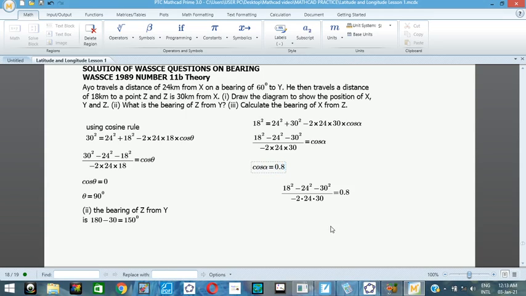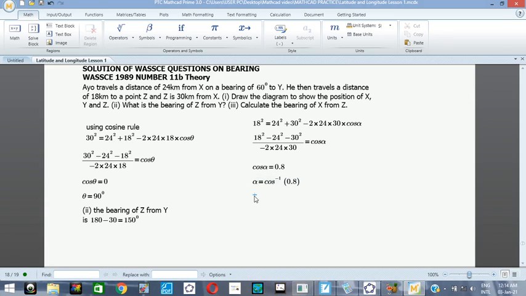That means alpha is going to be, you find the cos inverse of 0.8. You can use your calculator to check this and see your result.